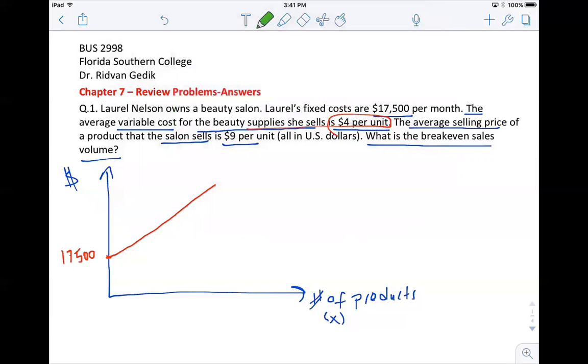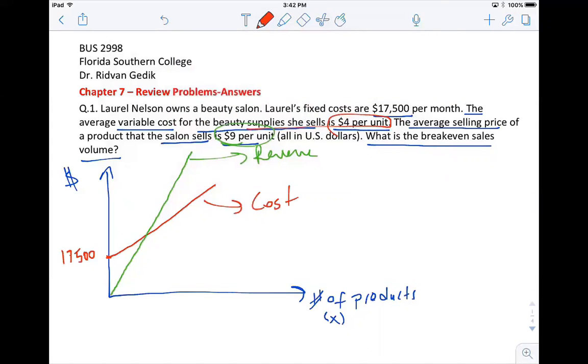Instead, every product that I sell is going to return me $9 in revenue. As you can see, this graph is the revenue, and this red line right here shows my cost.